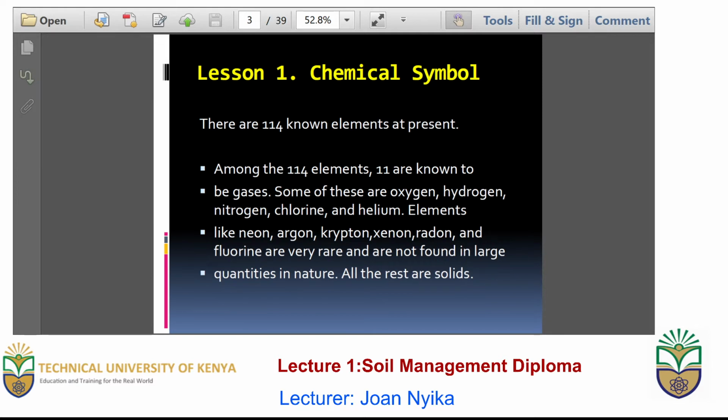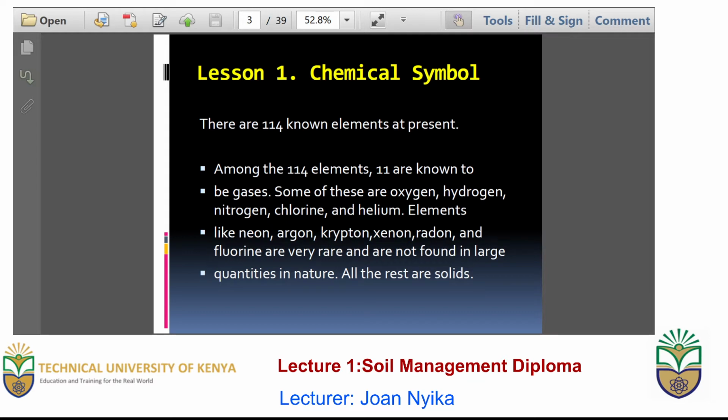It also establishes the various relationships between the molecules, the compounds, and the elements of the periodic table. When we look at the periodic table, there are 114 known elements as at present.